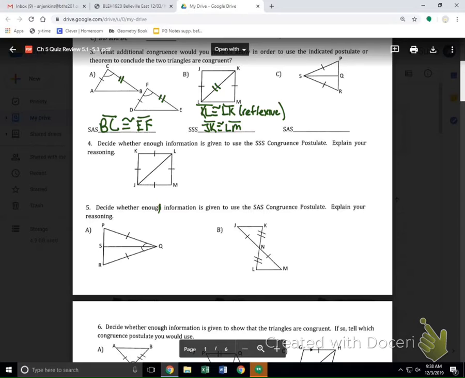And then our last one of this group for right now, we want to show this one by side, angle, side. They tell us that SP is congruent to SR. We know something else. What else do we know? It's the same as the last one.